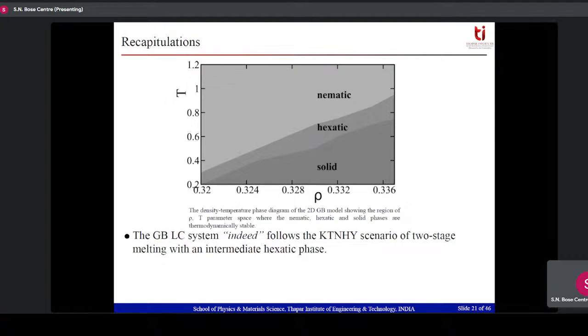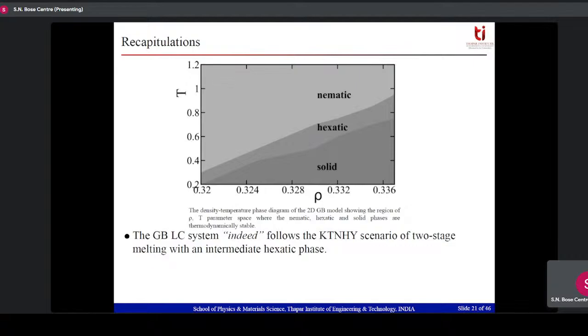And you can find out some phase diagrams where in the horizontal axis you have rho, the density, the vertical axis you have the temperature, and in this case, we have solid at very low temperature, then you increase the temperature, you pass through some phase called hexatic phase, nematic phase.